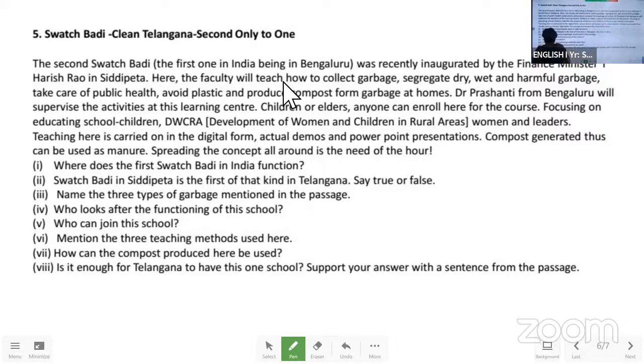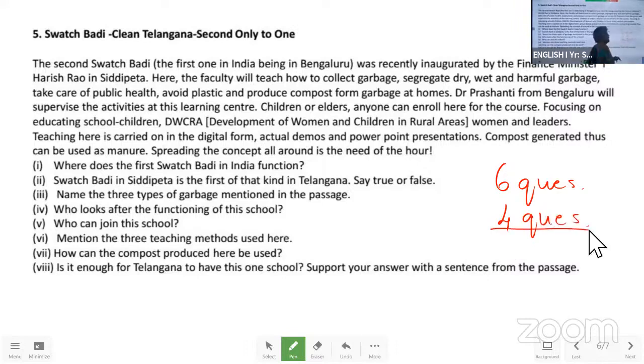Here there are 8 questions asked, but usually in an IPE exam only 6 questions are given, out of which you have to write 4. Answer any 4 questions. In the IP board, we do not penalize any student. If they write all 6 answers, we still mark all 6, but the marks accorded will be only 4.